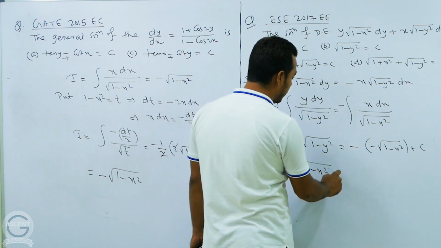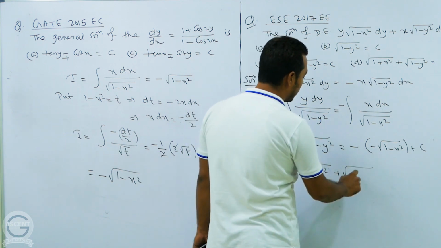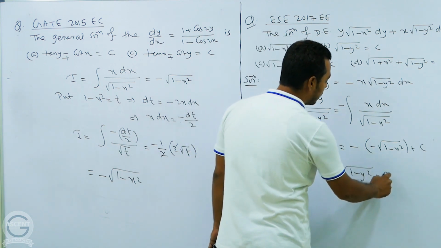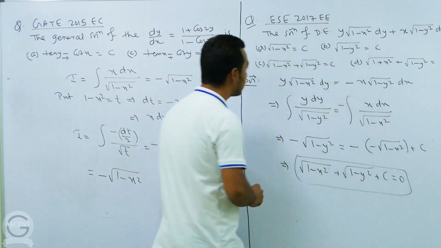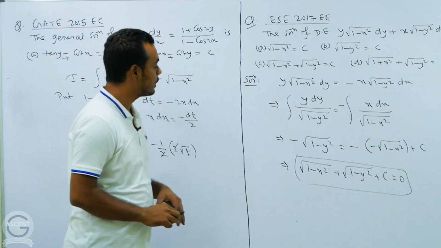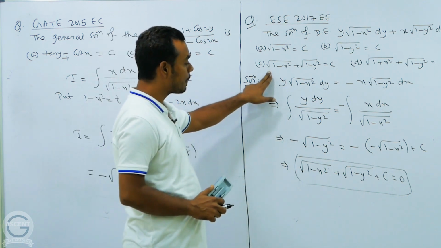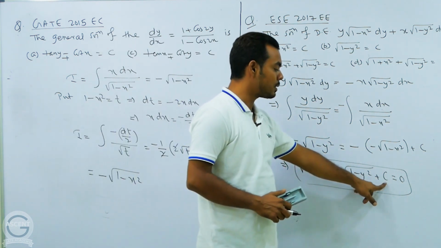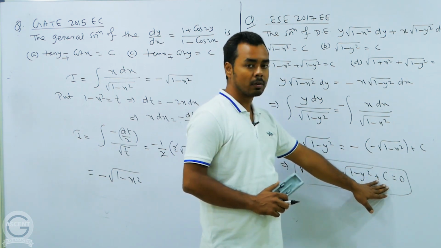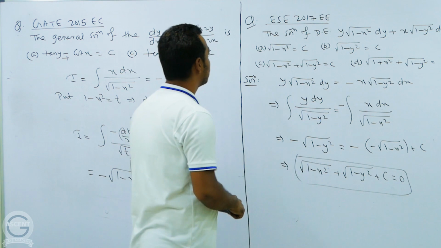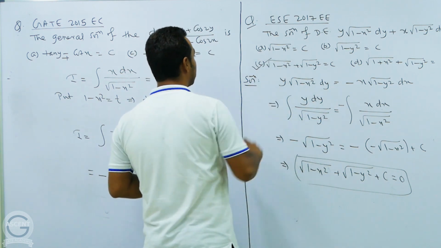So root over 1 minus x square plus root over 1 minus y square plus integration constant c equals 0. So this will be the correct answer. Now you can see that this is nothing but option C. Whether you write plus c or minus c, this will not make any difference because c is only an arbitrary constant. So here the correct answer will be option C.